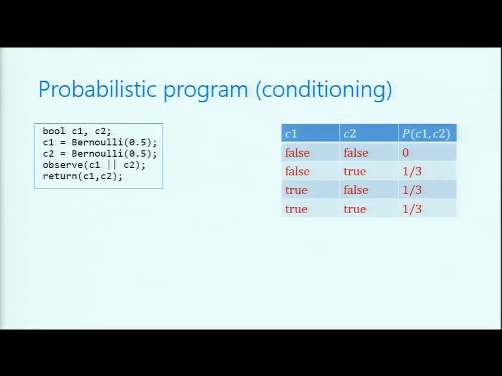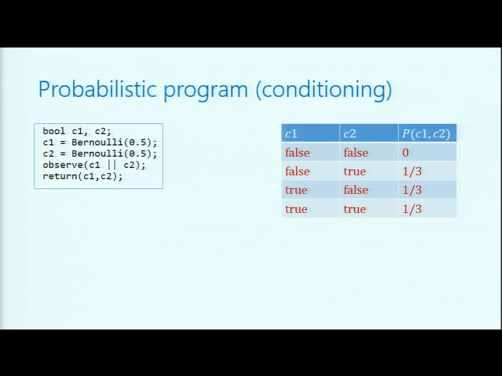If you look at the table again, this program likes all these runs, but doesn't like the run C1 equals false, C2 equals false, because that does not satisfy the predicate C1 or C2. So as far as this program is concerned, the run C1 equals false, C2 equals false gets a probability of 0, and then you get a sub-distribution.